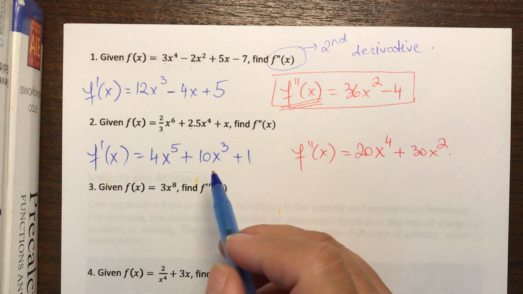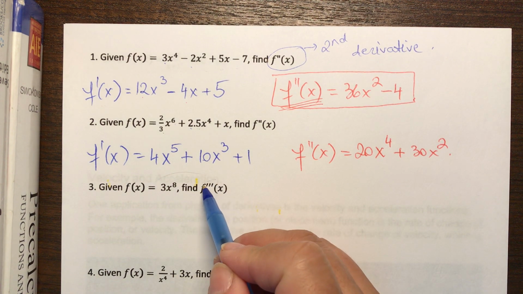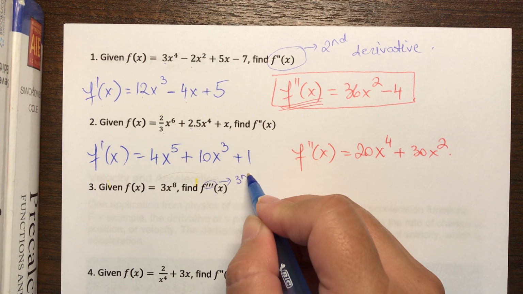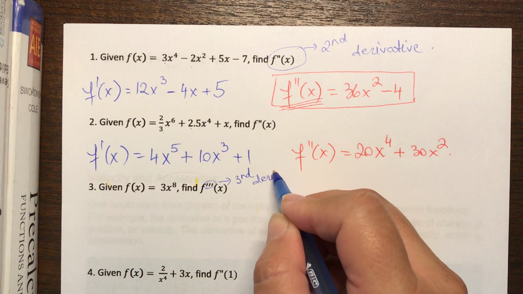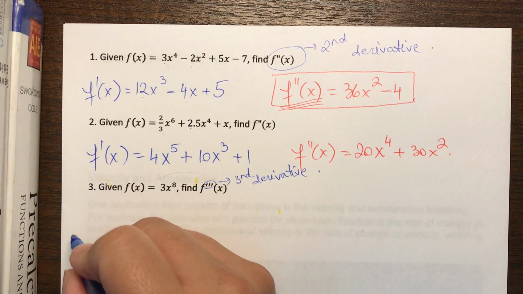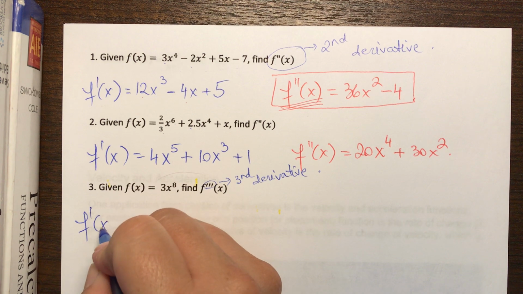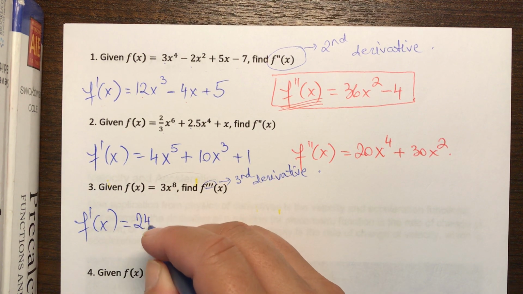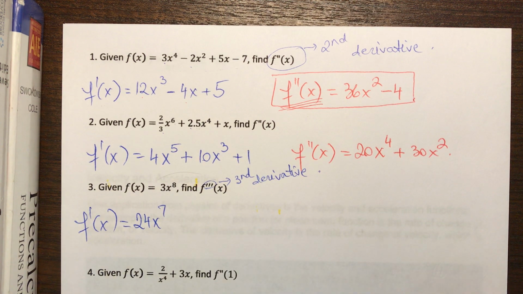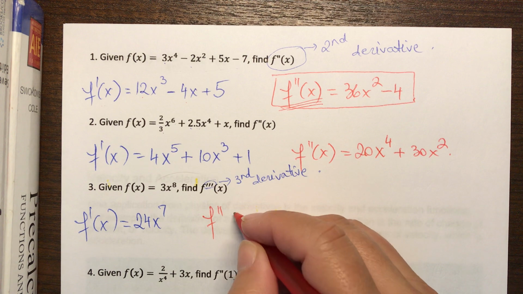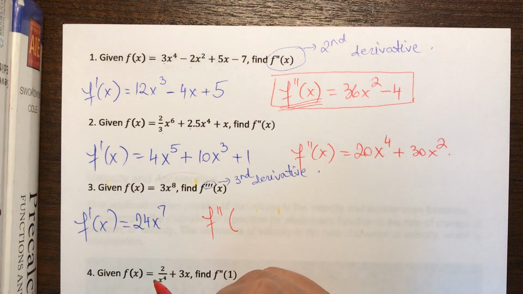Okay. Now, this time, pay attention. There's 3 primes here, so clearly I'm asking for the third derivative. So stop when you get to the third derivative. Okay, well, let's start at the first one. So 3 times 8 is 24x to the 7th. The second derivative is 24 times 7.